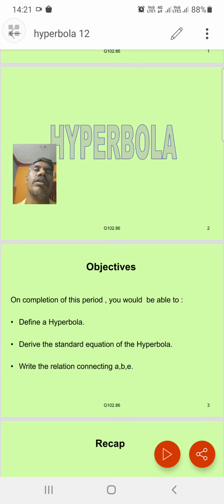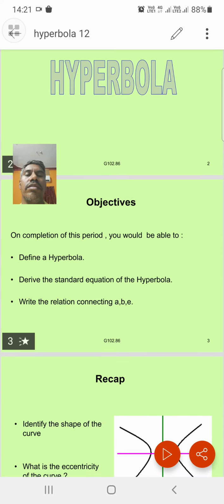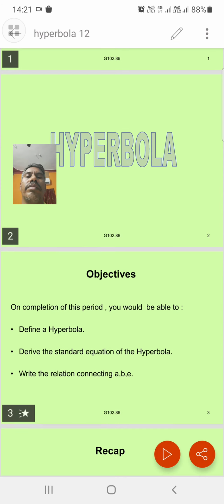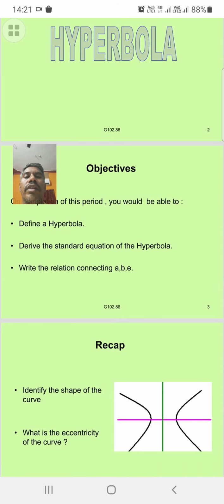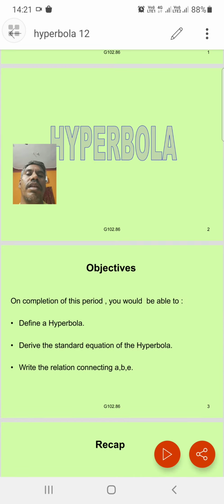In the parabola, e square we need not write because it is 1, whereas in the ellipse and hyperbola we have to write it, because in the ellipse it is not 1, it is less than 1, and in the hyperbola it is greater than 1.